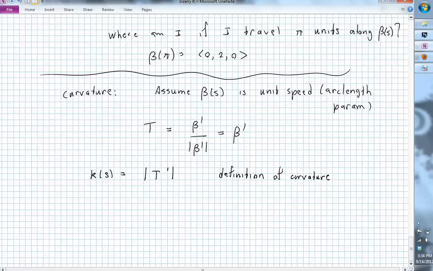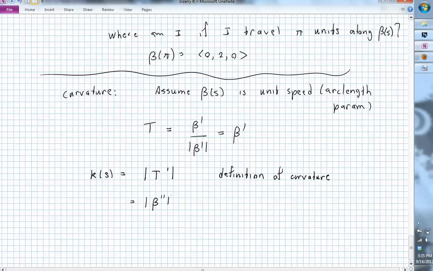This is a really pleasant quantity to compute if you have a unit speed curve. It's really just the magnitude of beta double prime. Problem is, most of the time, you're not given a unit speed curve. So I guess what I'll finish with, in exchange for another derivation, is an example.